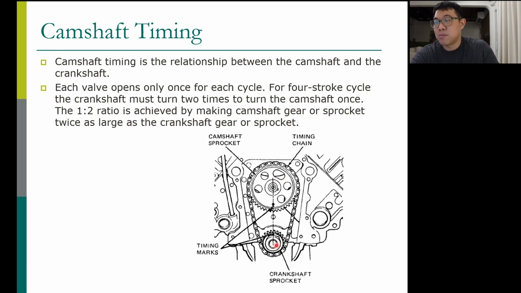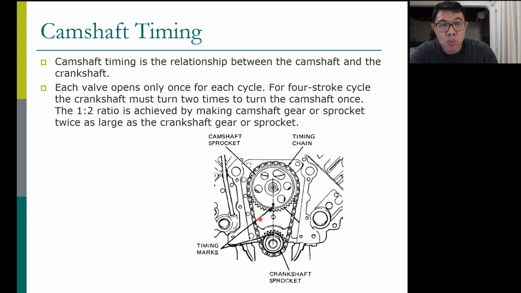So that's the ratio. Now, not only the speed, you have to synchronize the position of the shafts also, right? So let's say the piston in the first cylinder is on intake, the intake valve has to open, right? So you have to position these two shafts.